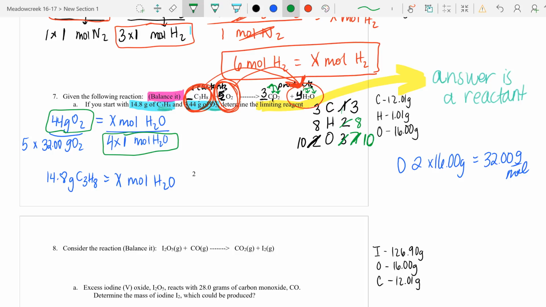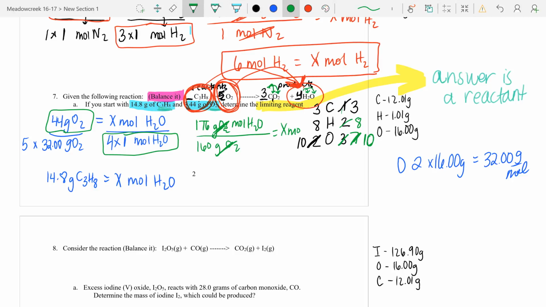But 4 times 44 is going to give me 176 grams of O2 and moles of H2O over 5 times 32, which is 160 grams of O2. Now my grams of O2 cancel out with grams of O2.